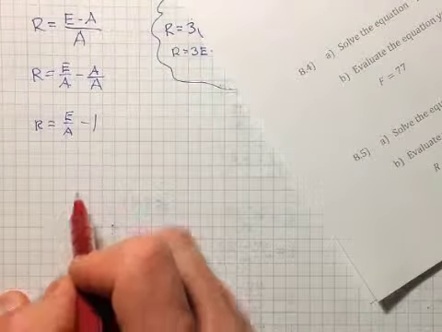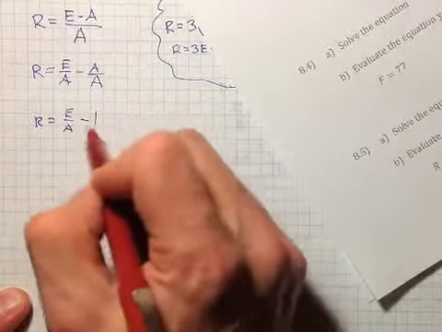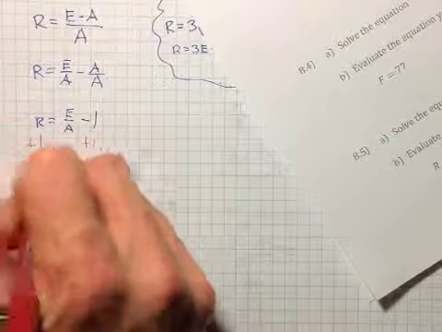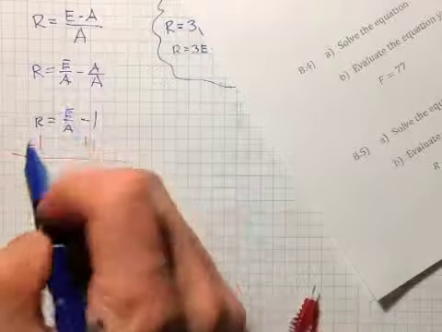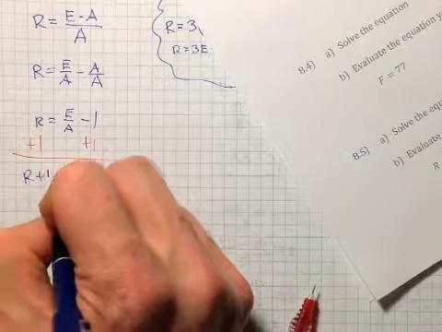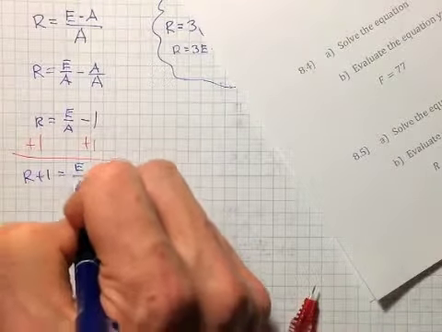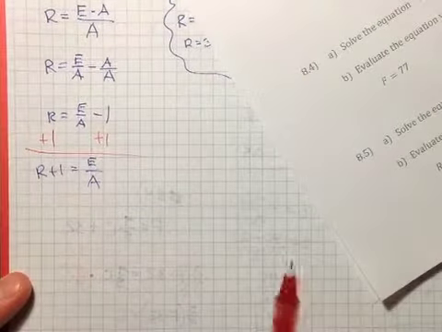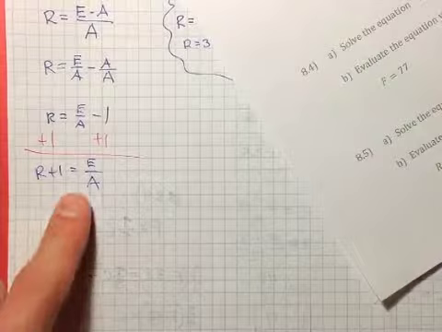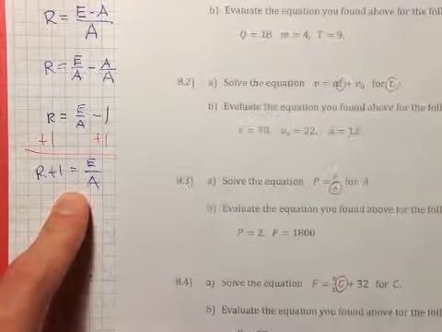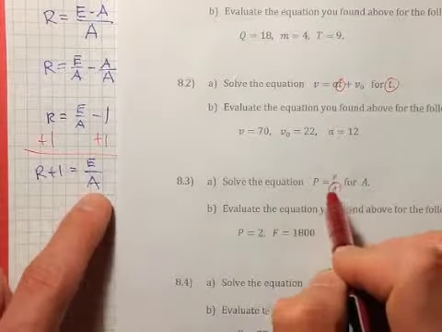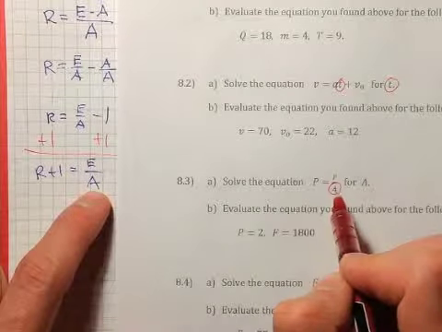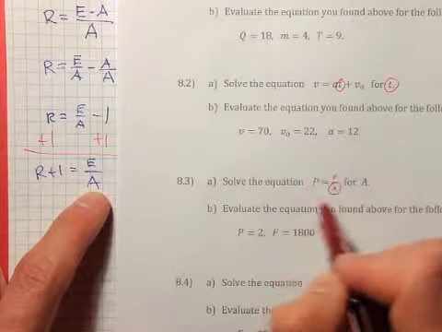That minus 1 really stands out. We're going to add 1 to both sides. So R plus 1 equals E divided by A. Okay? Now, look what we have here. Just like with this equation, when you have the thing you want to solve for in the bottom of the fraction, what did we do here?